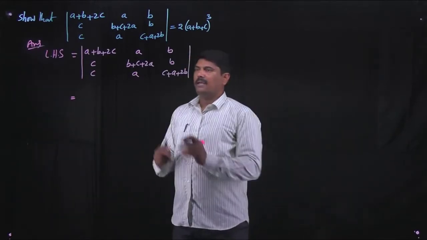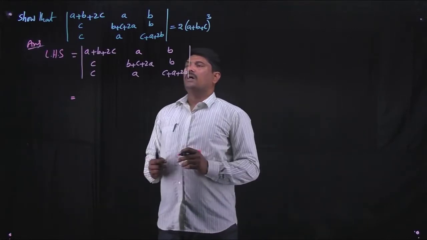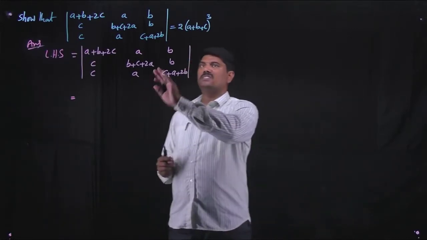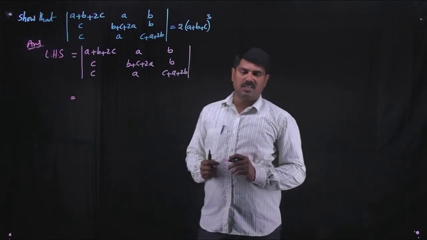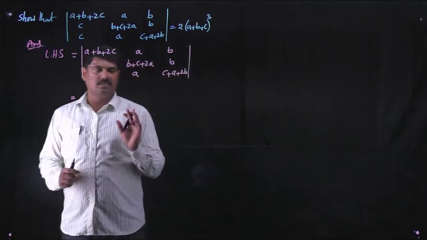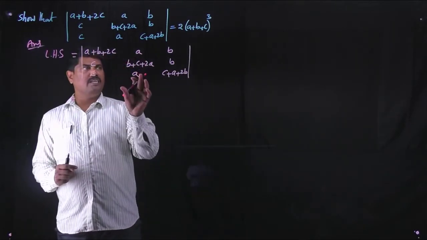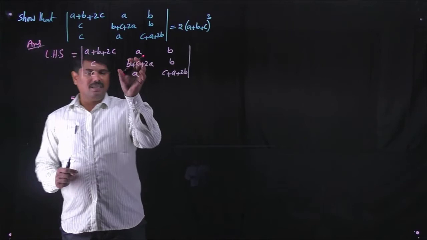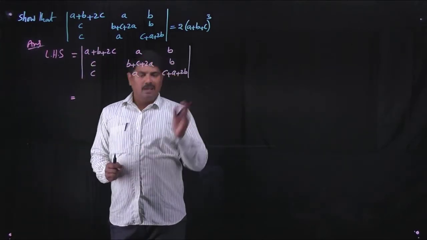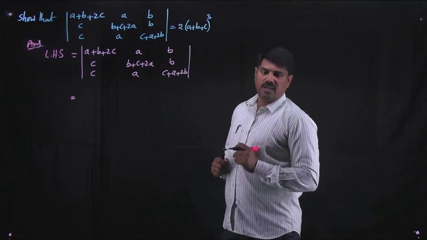That's why you have to use the properties and identify the factors of this determinant as a plus b plus c. So it has the factor a plus b plus c thrice. Your idea has to be to create a plus b plus c in this determinant. Later you have to separate that from the determinant to achieve the answer.